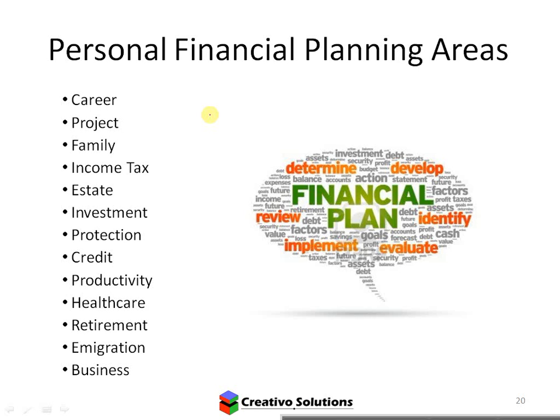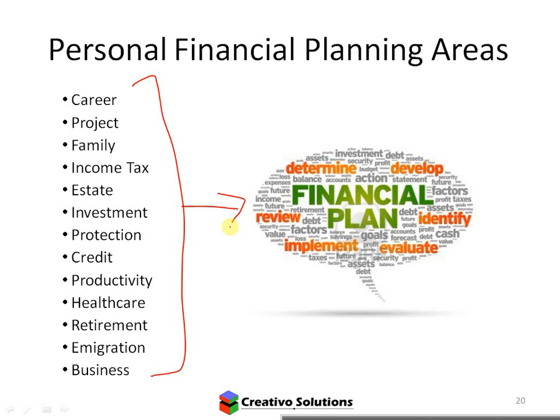Career planning I think is the next one, or the one just after. Then we've got project, family, income, estate, investment. All of these areas are part of the plan. Financial planning. So we need to know how to determine which of those areas are more important. If health is important, do you agree? Someone who cares about their health is going to be making slightly different decisions to someone who doesn't care as much about their health.